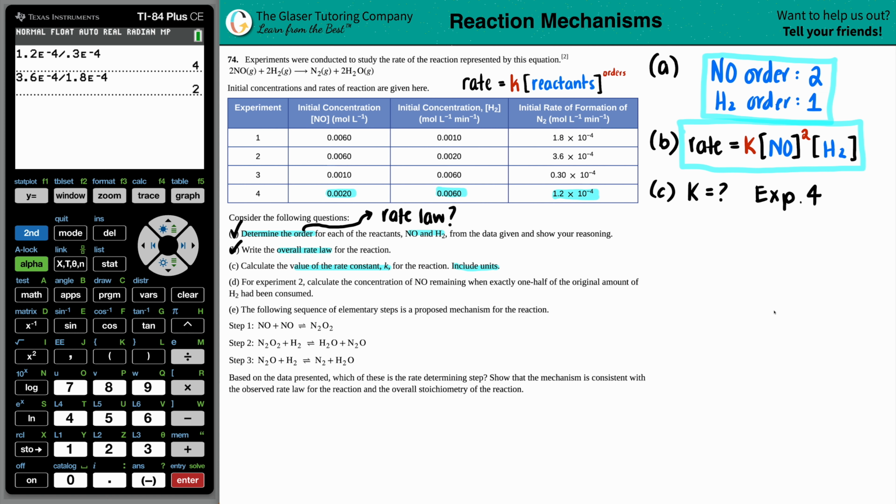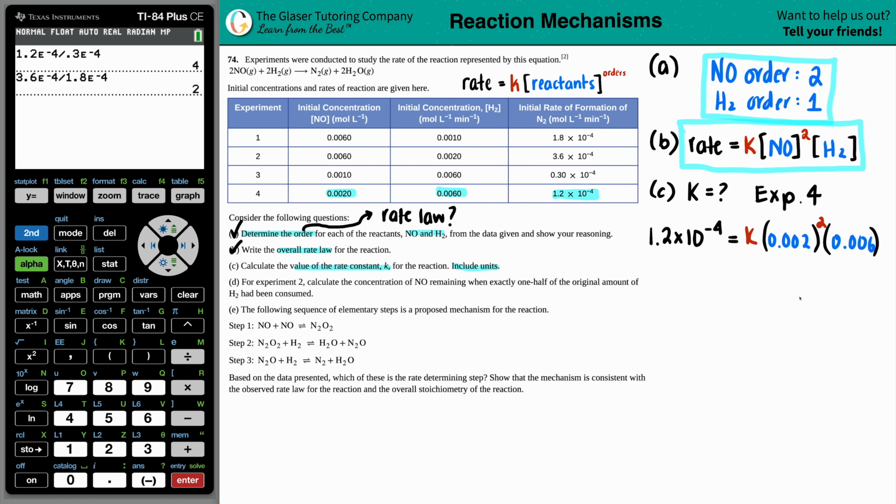I'm going to use the rate law, plug in all the values for experiment 4, and solve for K. So rate equals 1.2 times 10 to the negative 4th equals K times the concentration of the 2 reactants. So it was NO, which is 0.002, and then 0.006. The 0.002 is raised to the second, and this is raised to the first.